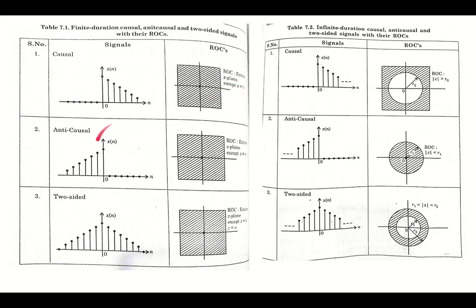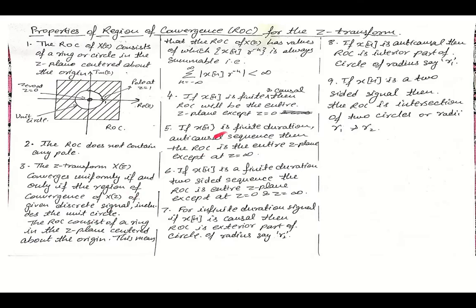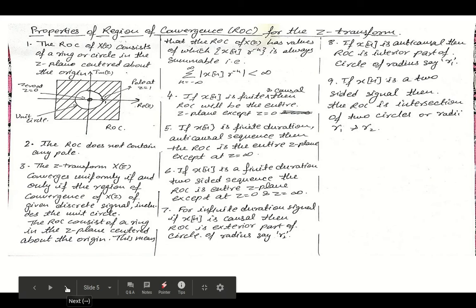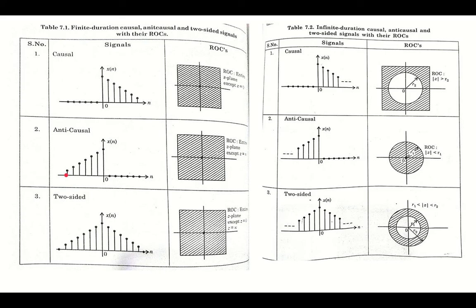Now similarly, for the anti-causal system, it is mentioned that if x(n) is a finite duration anti-causal sequence, then the ROC is the entire Z plane except at z equal to infinity. If we check this here, we can see that the signal is finite and anti-causal.